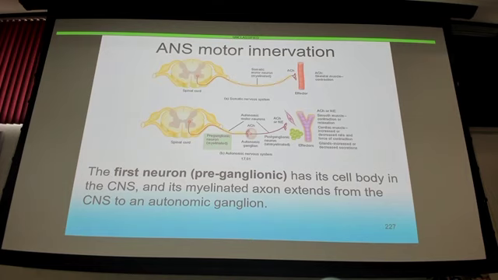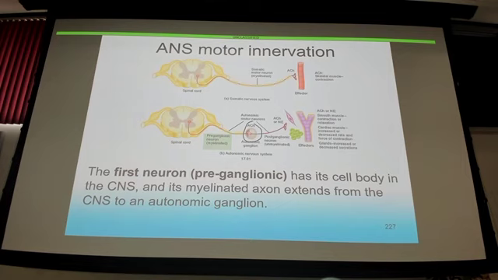It leaves there, goes out of the spinal cord, and it goes to a ganglion. That's called an autonomic ganglion. Now, forget autonomic, just ganglion. What's the definition of a ganglion? Yeah, a collection of neuronal cell bodies in the peripheral nervous system. That's the exact definition.